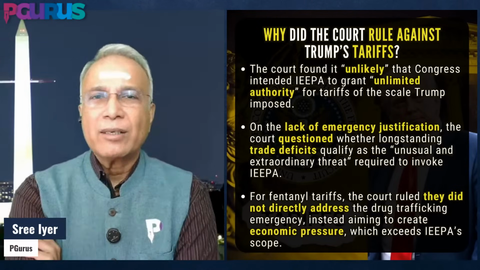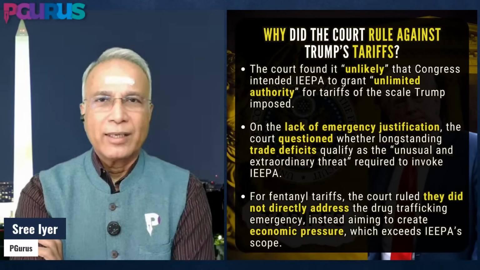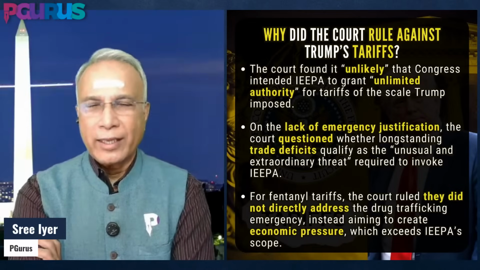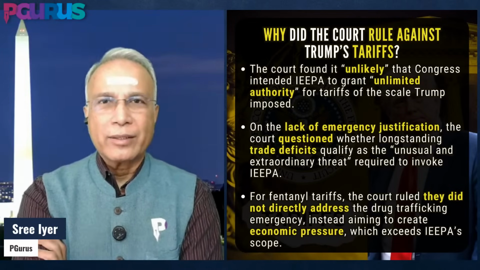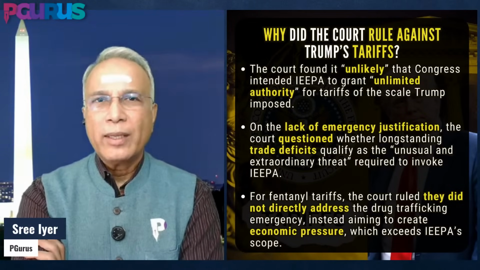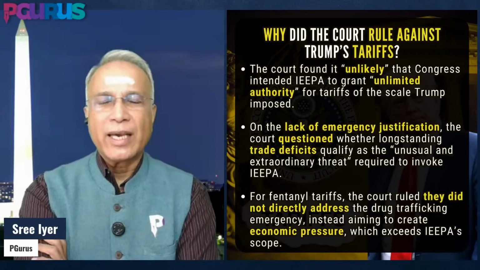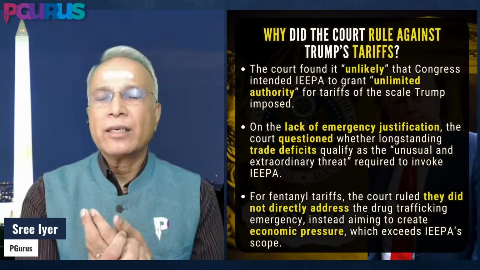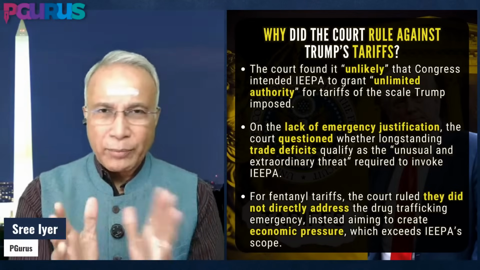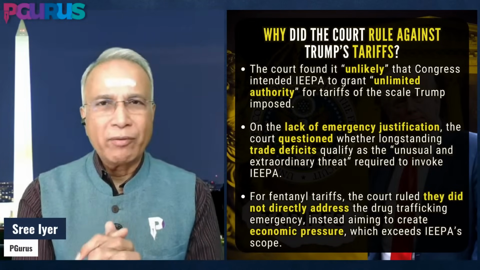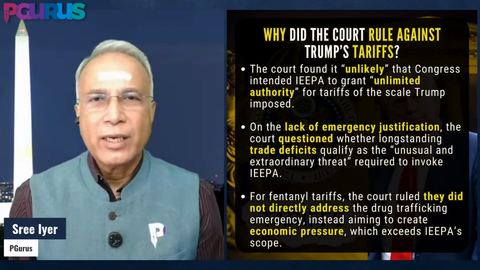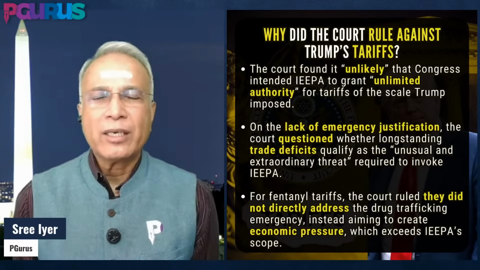If people say yes, then what is that emergency? Are people being curbed? Are there capital controls? Are there restrictions on movement of people? What is the emergency that the United States has? So these are all the questions that the court is asking. So I'm sure the Trump administration is going to have a very robust defense when this thing goes to the next level, which I expect it to do.